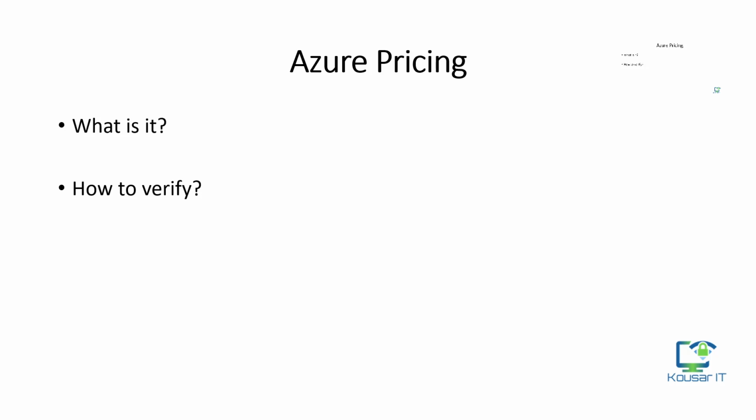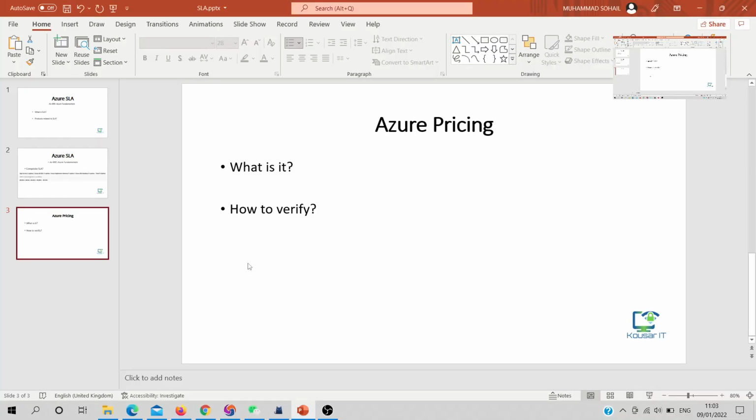So there are different things you need to check. How to verify? Azure has a link, and you can put your requirements there and you will see the actual price. So let me show you.